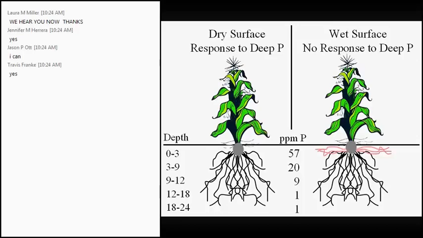But out in the field, it can give us all kinds of fits because our roots are growing deeper, searching for water, and we're growing in those very deficient areas. So tillage makes a big difference if we can mix this soil.